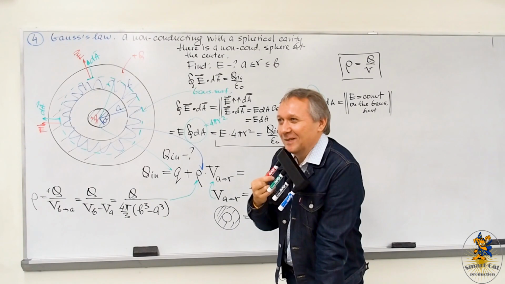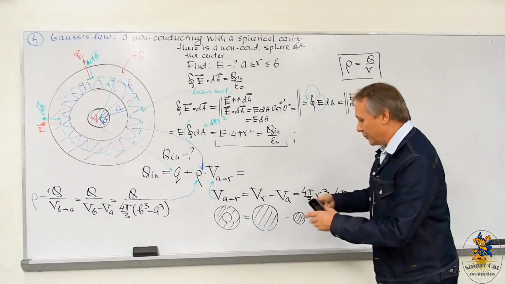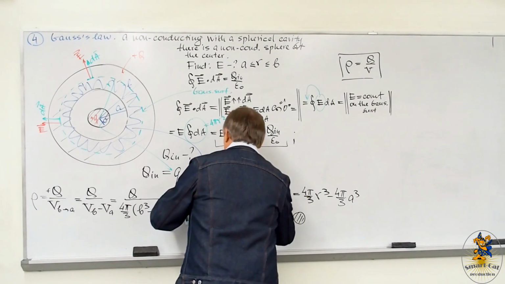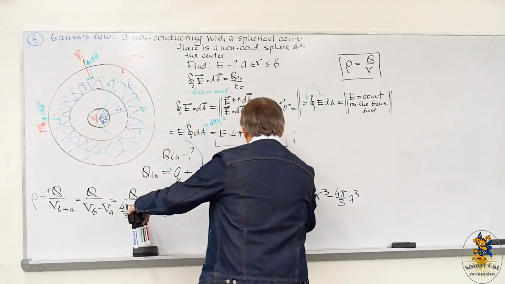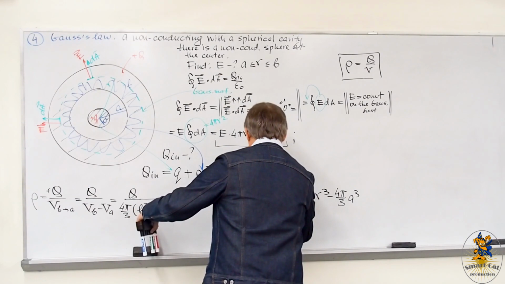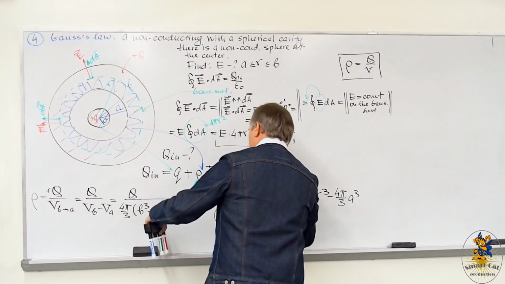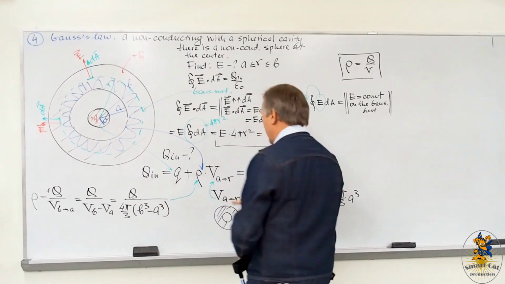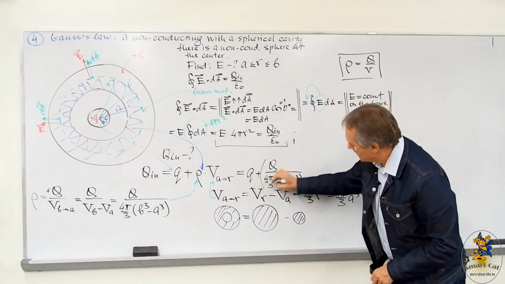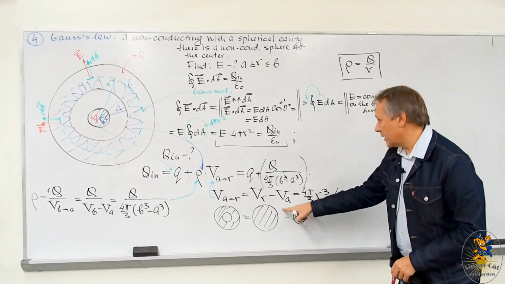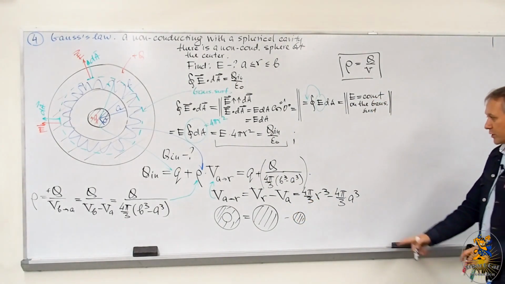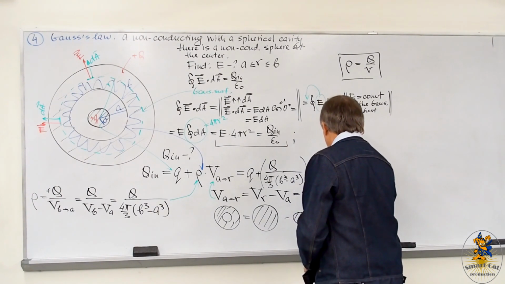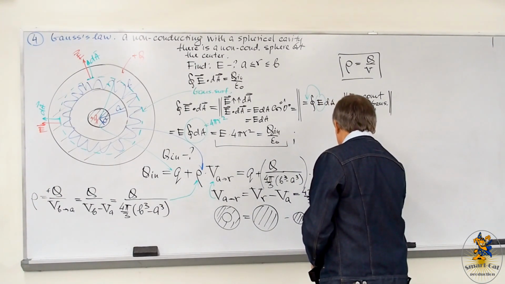Okay, let me put it all together. All right, so Q small plus Q capital over 4 pi over 3 times b to the power 3 minus a to the power 3. So it's a density. And multiply it now by this volume, which is again 4 pi over 3 times r to the power 3 minus a to the power 3.